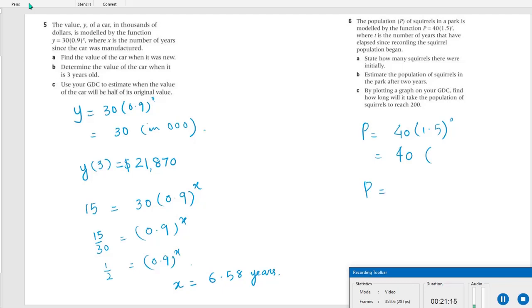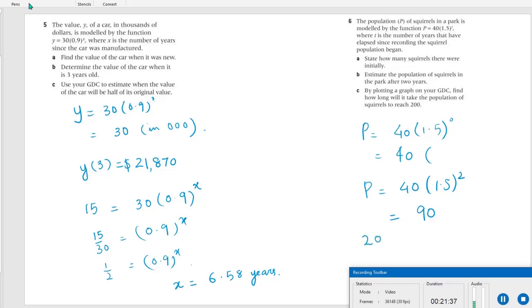Estimate the population of squirrels in the park after 2 years. Putting t as 2, we will get the value 90. Okay, 1.5 times 1.5 multiplied by 40 would be 90. By plotting a graph on your GDC, find how long it will take the population of squirrels to reach 200.